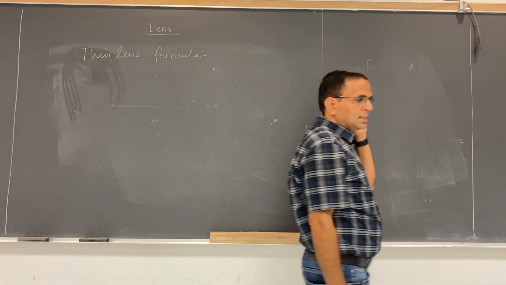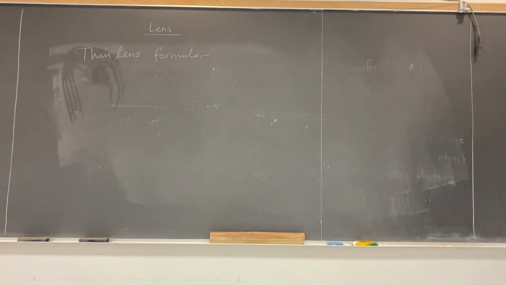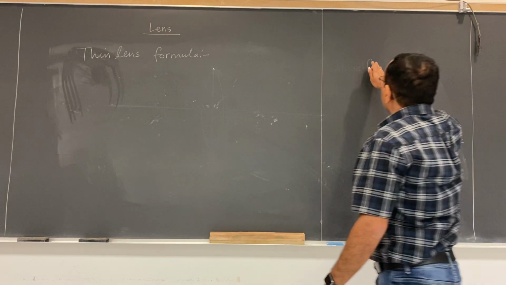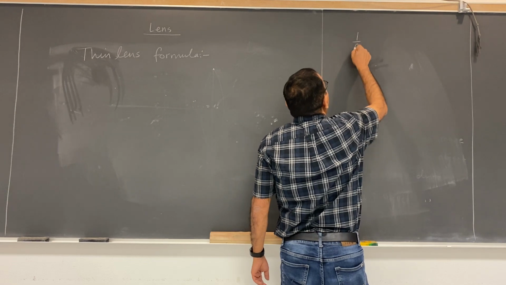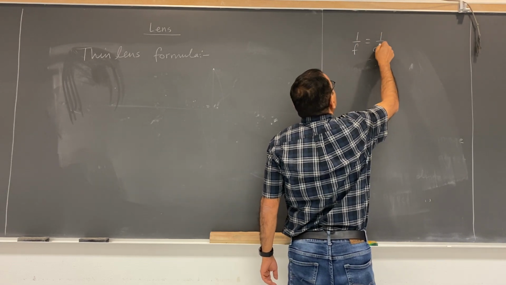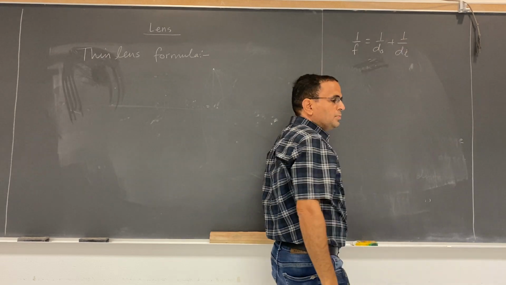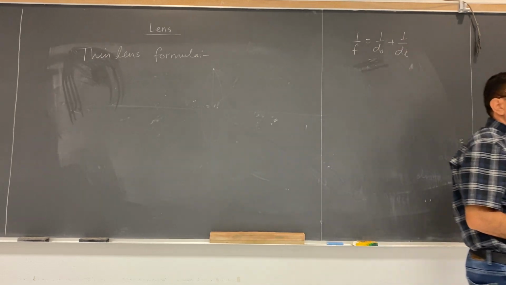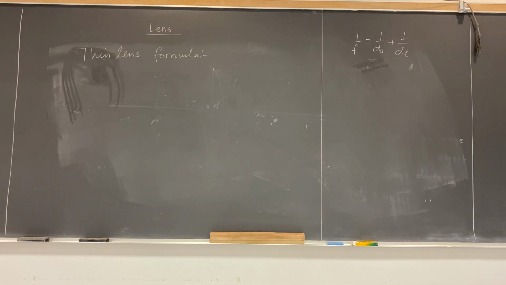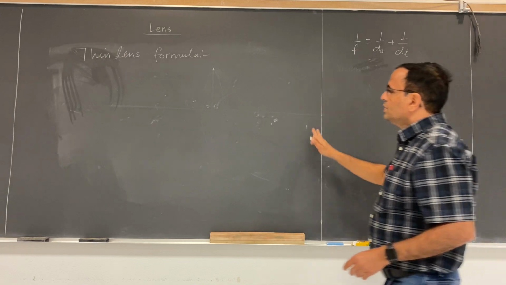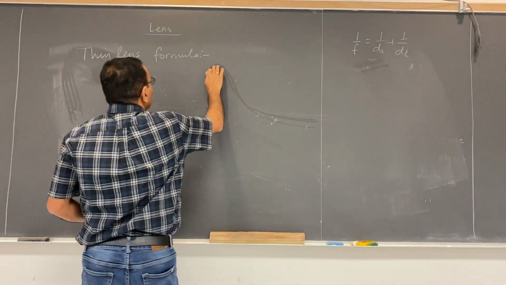The mirror formula relates the focal length of the mirror, object distance, and image distance. The mirror formula is 1/f = 1/d_o + 1/d_i, where f is the focal length of the mirror, d_o is the object distance, and d_i is the image distance. Here also we can do the same thing.